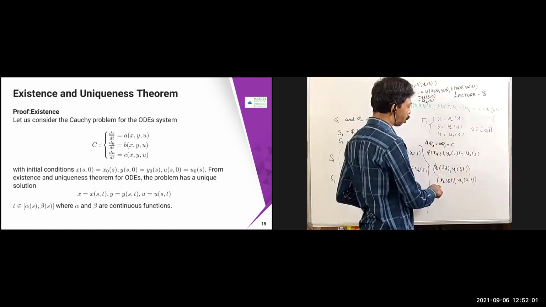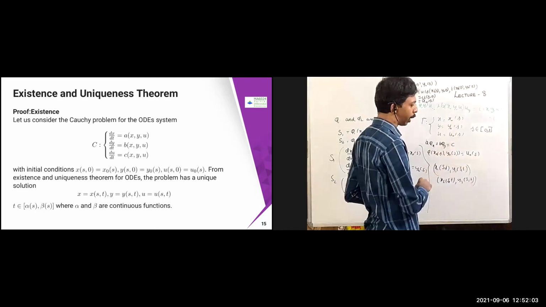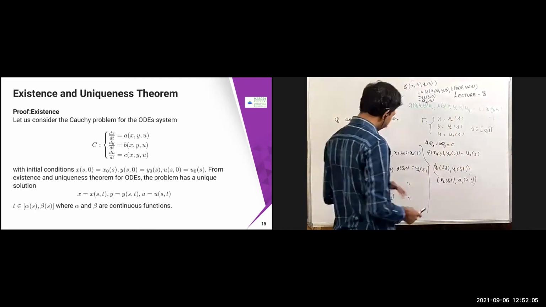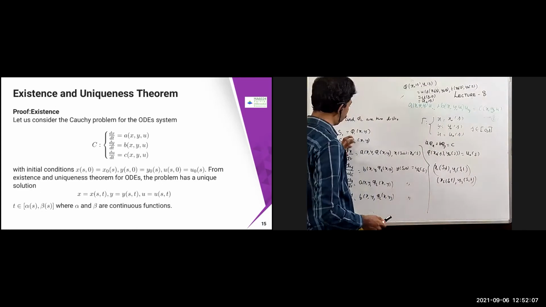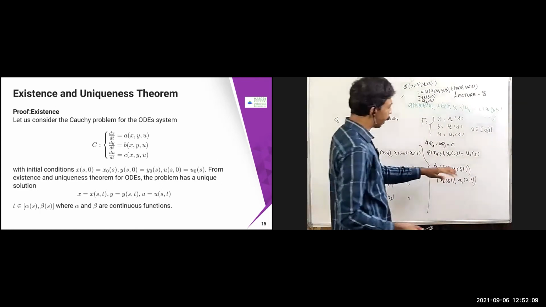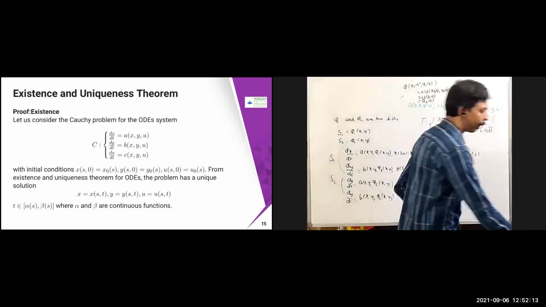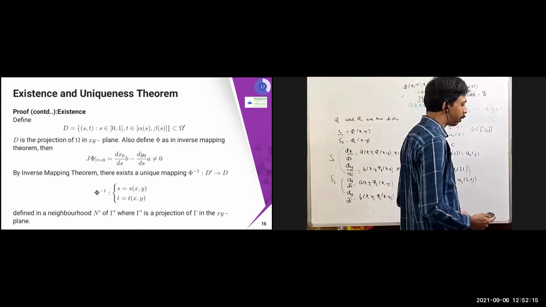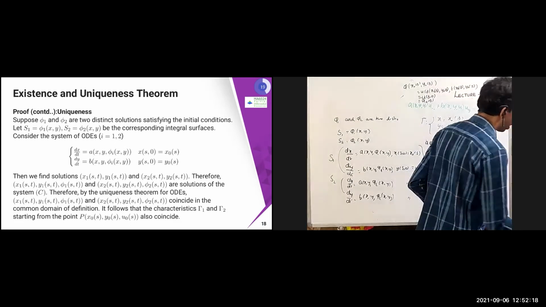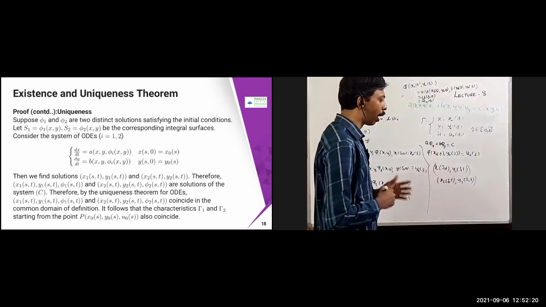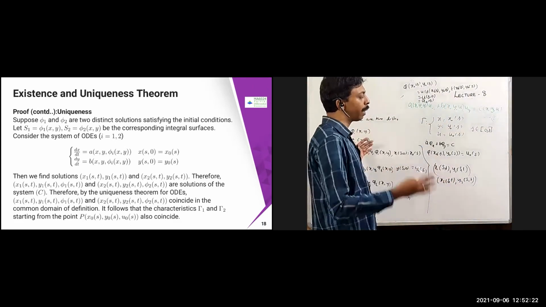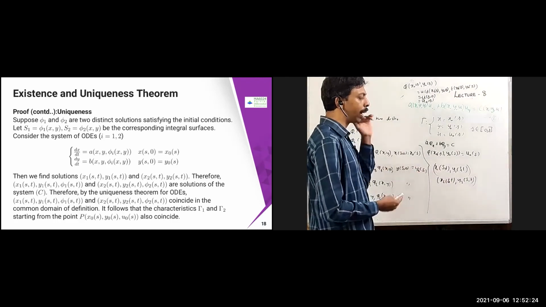Again, x2(s, t), y2(s, t) is also going to be another solution. Since these two are distinct solutions, automatically the solution for this system is also going to be distinct. That means we are going to have two solutions for this one, which is not correct because we have the uniqueness theorem. By the uniqueness theorem, in this case both should be the same. If you obtain two solutions, then both solutions will be the same.